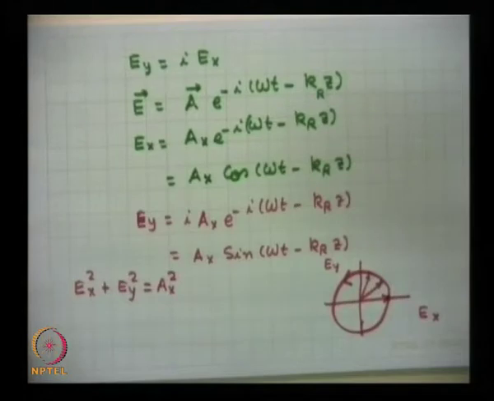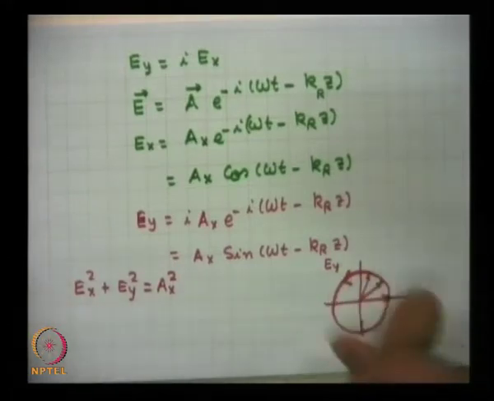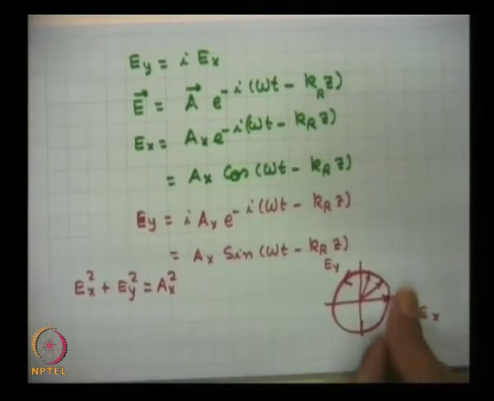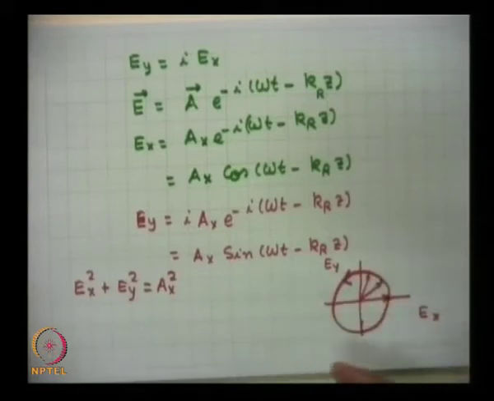And if you examine this in terms of a right-handed screw, if I take a right-handed screw and rotate it like this, then if the direction of rotation of the screw is given by this arrow of the circle, the direction of advancement of the screw will give you the z axis, because this is the x axis, y axis here.